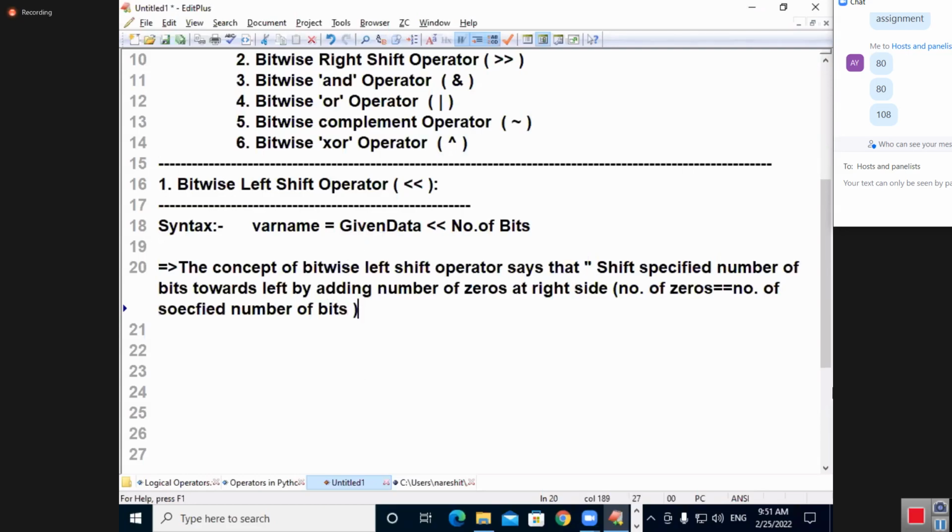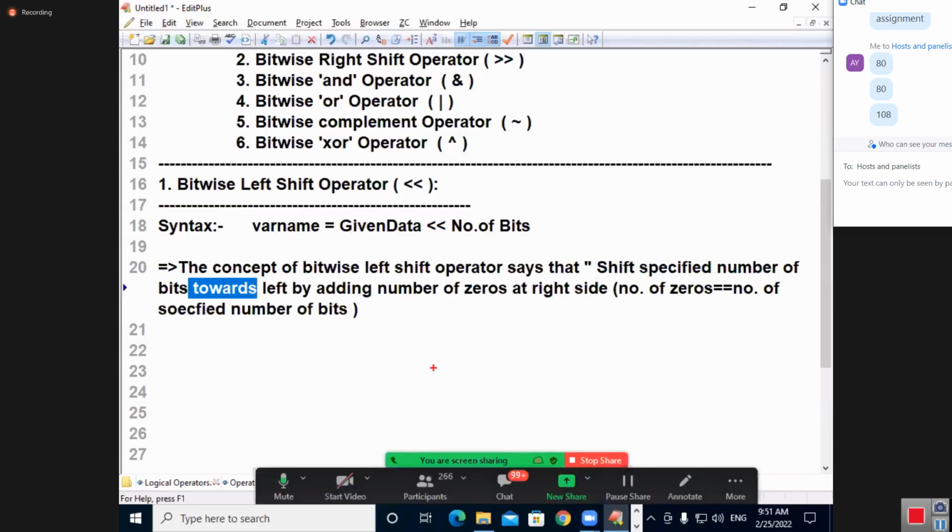I hope you are following. The concept of the bitwise left shift operator says that you shift the specified number of bits towards the left side. The operator itself says left shift. Add zeros at the right side, and the number of zeros is equal to the specified number of bits.